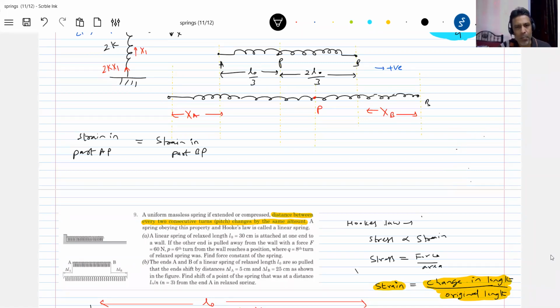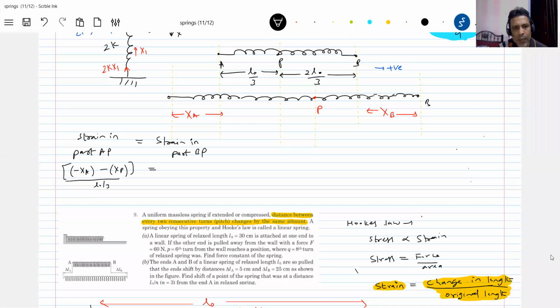Okay, what is the strain in part A? Here it is minus XA. Why the negative sign? The displacement of end A is towards the left, no? Minus of XP. I don't know this direction, so I'll not put a sign. Divided by the length of this, L0 by 3. What do you mean by strain? Change in length by original length, no?